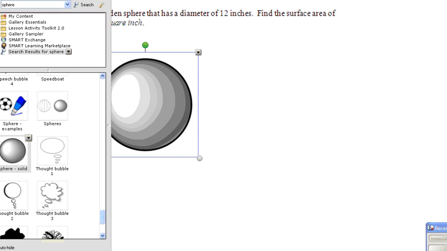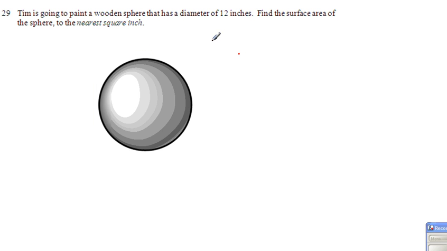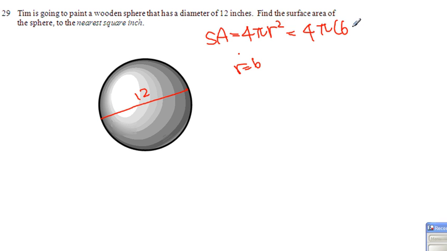So there it goes, we have a sphere. Now, the diameter is 12 inches, so from one side to the other side, that would be equal to 12 inches. Now, find the surface area of the sphere. Surface area of the sphere is simply 4 pi r squared. Here r will be equal to 6, because the diameter is equal to 12. That makes 4 times pi times 6 squared.